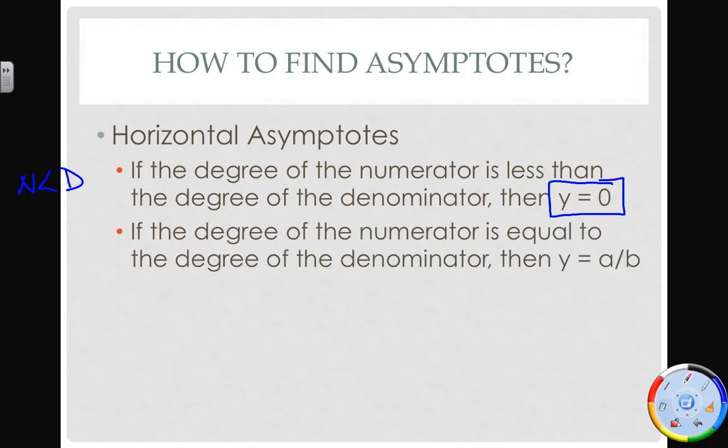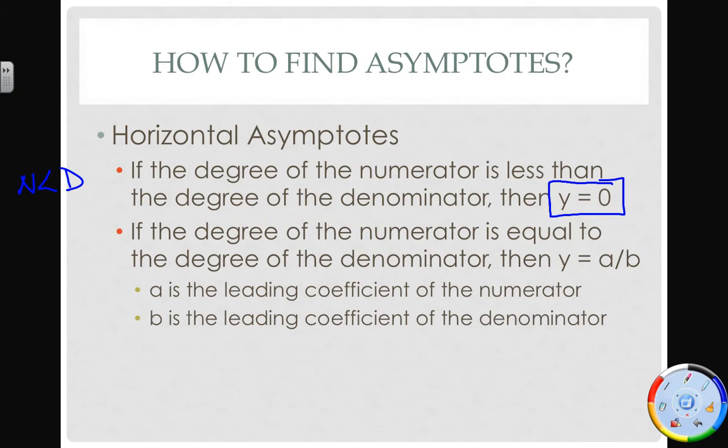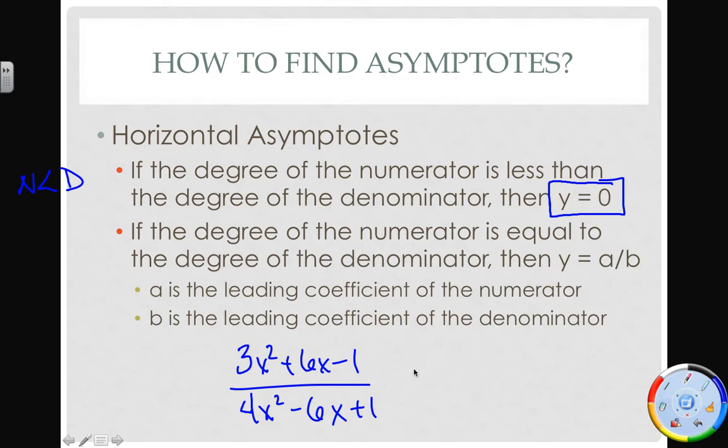If the degree of the numerator is equal to the degree of the denominator, then the horizontal asymptote is y equals a over b, where a is the leading coefficient of the numerator and b is the leading coefficient of the denominator. So if I gave us a function that said 3x squared plus 6x minus 1 over 4x squared minus 6x plus 1, I would have a horizontal asymptote of y equals, well, this is where you got to look.